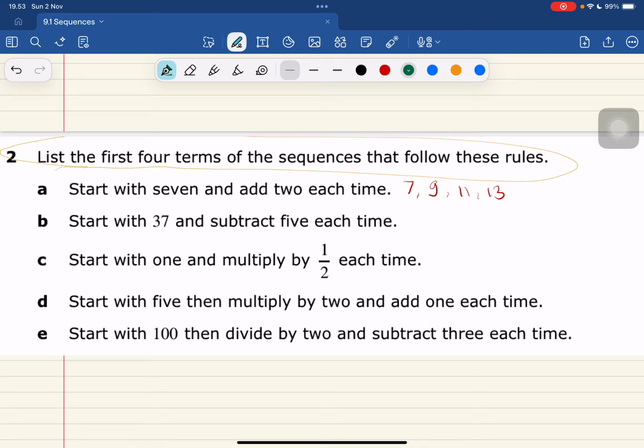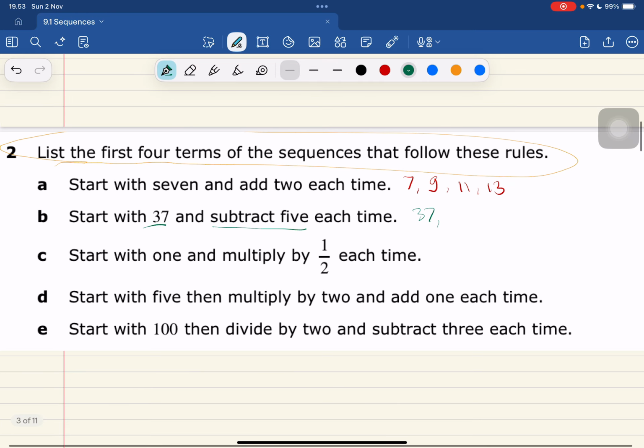Next, starting with 37, subtract 5 each time, so 37, 32, 27, and 22. Next, start with 1, then multiply by 1 over 2 each time. So 1, 1 over 2, 1 over 4, and then 1 over 8.